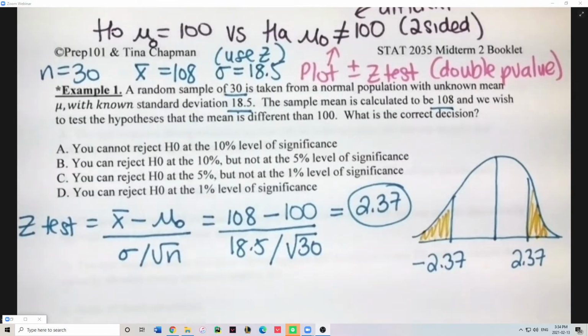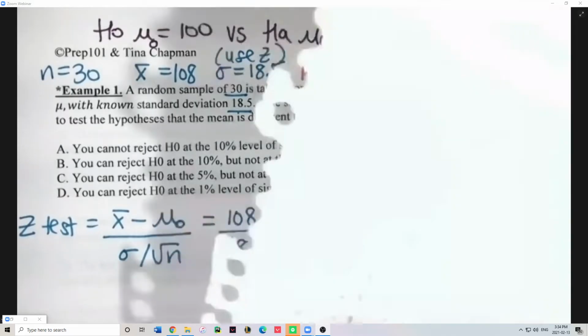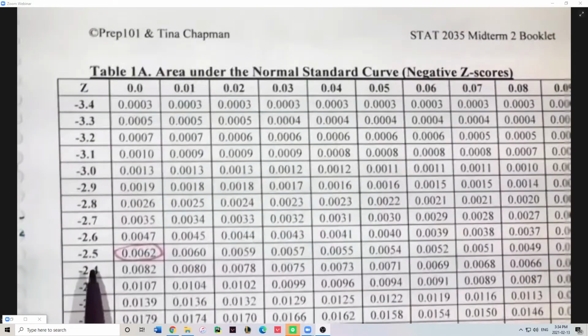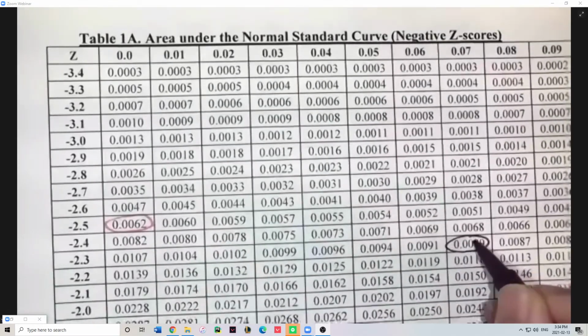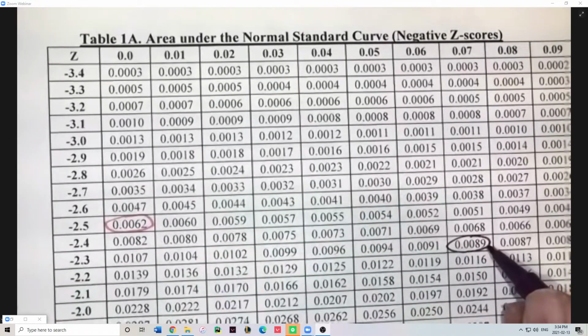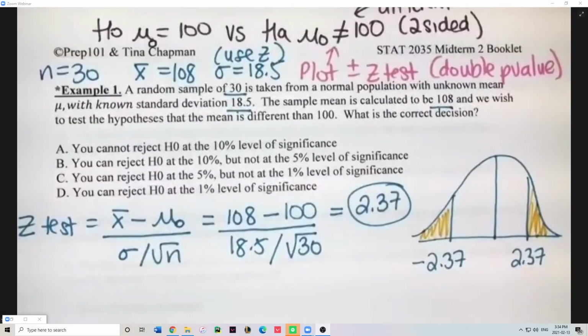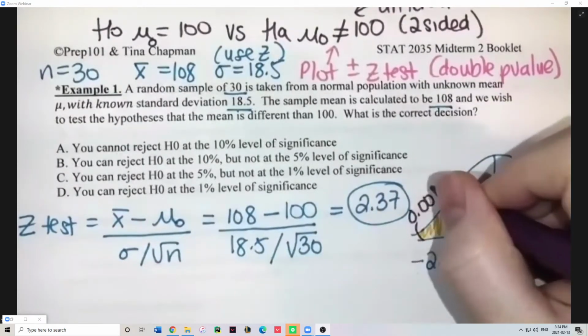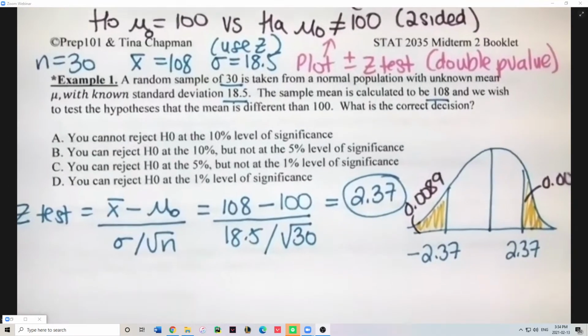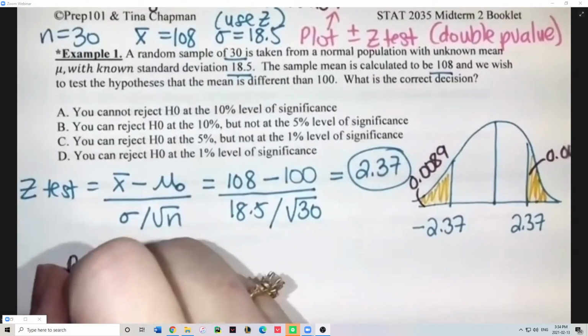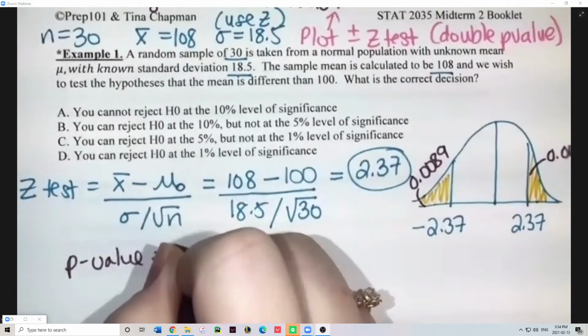So take out your negative Z, it's negative 2.37. So negative 2.37, 0.0089. So that's the area on both sides. So the p-value is 2 times 0.0089.